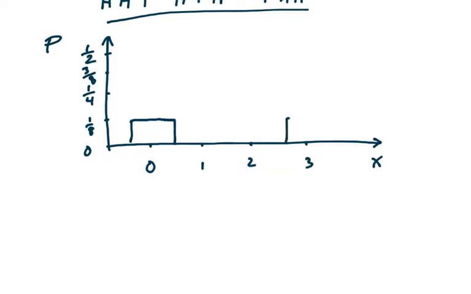Same for this third outcome, getting 3 heads. And then these ones here have a probability of 3/8 each. So this bar is extending up to 3/8 here, and this bar as well is extending all the way up to the height of 3/8.